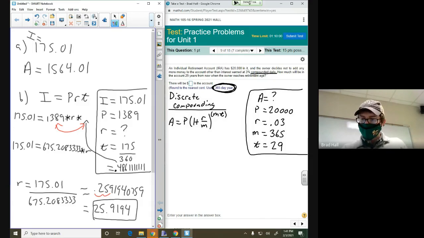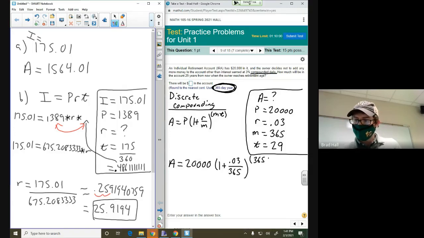Well, the good news about this is that there's no algebra involved. 1 plus 0.03 divided by 365 raised to the 365 times 29.